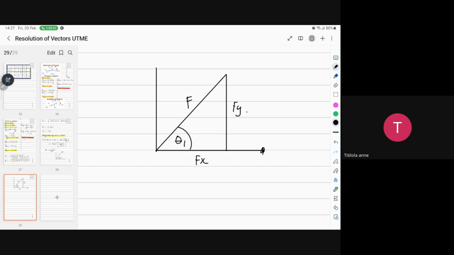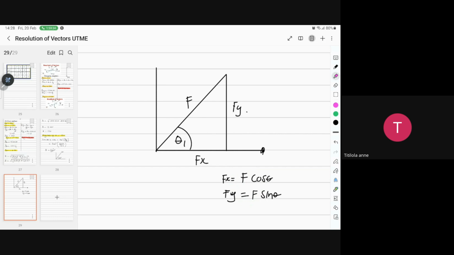We said that if the angle is with the horizontal, we're going to do F cos theta for F of X, and then for F of Y, we're going to do F sine theta. Is that not what we said? That is when the angle is with the horizontal. Give me a thumbs up if you are with me to this point. This is what we agreed on from the beginning of the class.